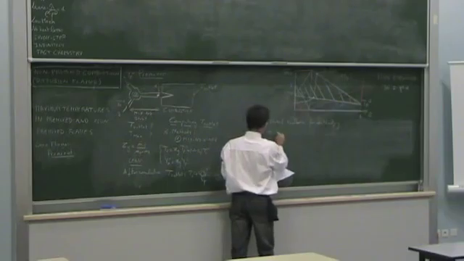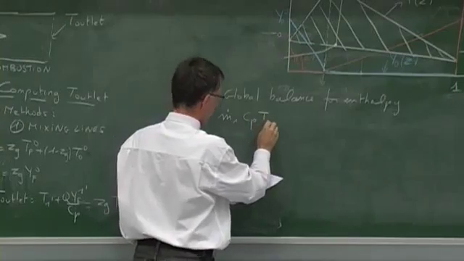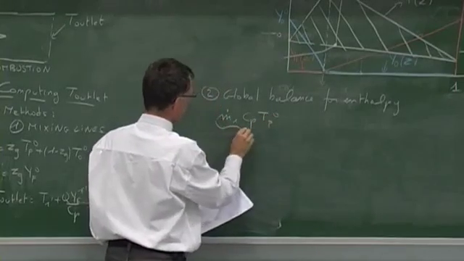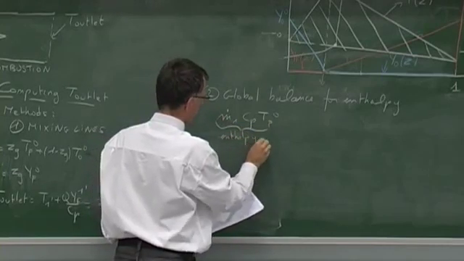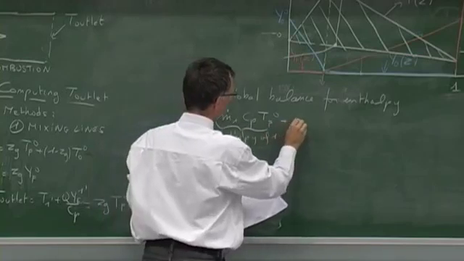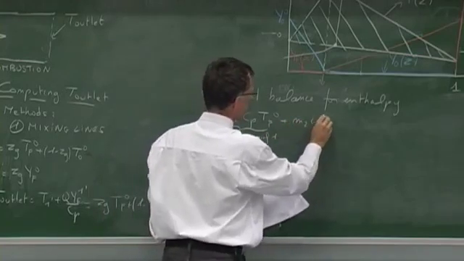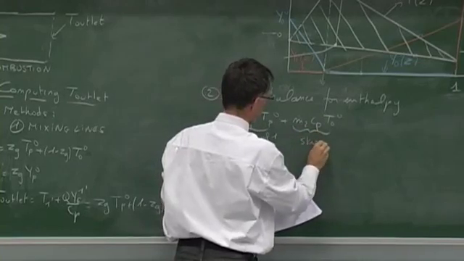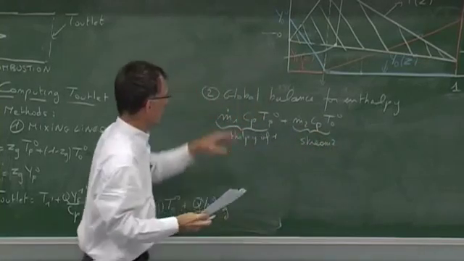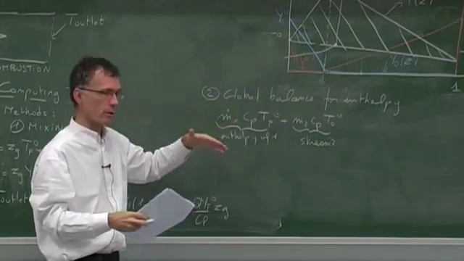We have m.1 Cp T_F0, so this is the enthalpy of stream 1 plus the enthalpy of stream 2, so those are the two sensible enthalpies entering the burner.